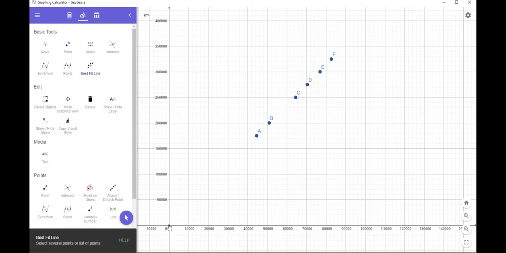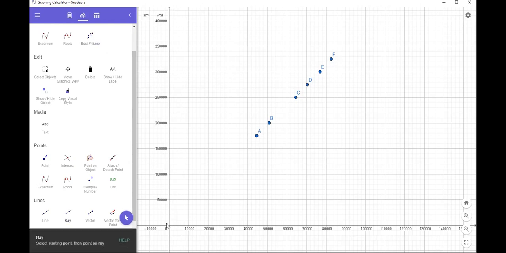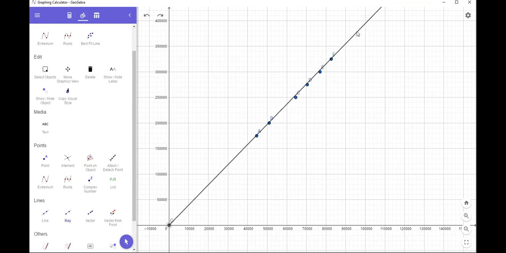Okay, so we should graph the lesson, the punctuation on the table. So we should graph cost lesson.